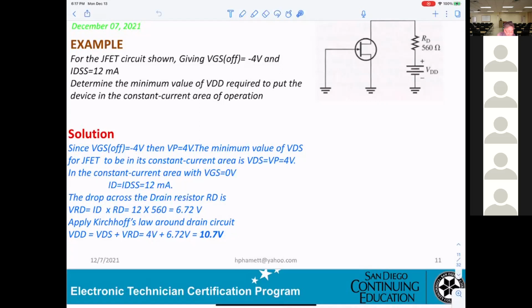They want to determine the minimum value of VDD. So VDD from here, there you go. You get a voltage drop across RD, and you need the voltage for the VP also. That's why 4 volt for VP. And now you have to calculate the voltage across RD. Then you add them up.